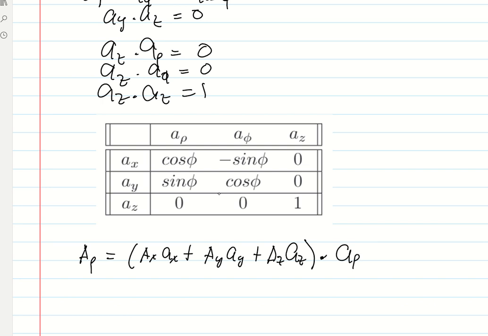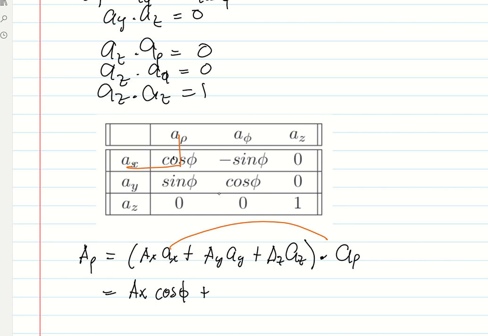Then we just distribute that. AX multiplied by this one, AX dot arrow. What is AX dot arrow? So AX and arrow, it's just cosine phi. If you go in the table, arrow and AX, this is cosine phi. This is like a multiplication table in arithmetic. So you just multiply this with cosine of phi.